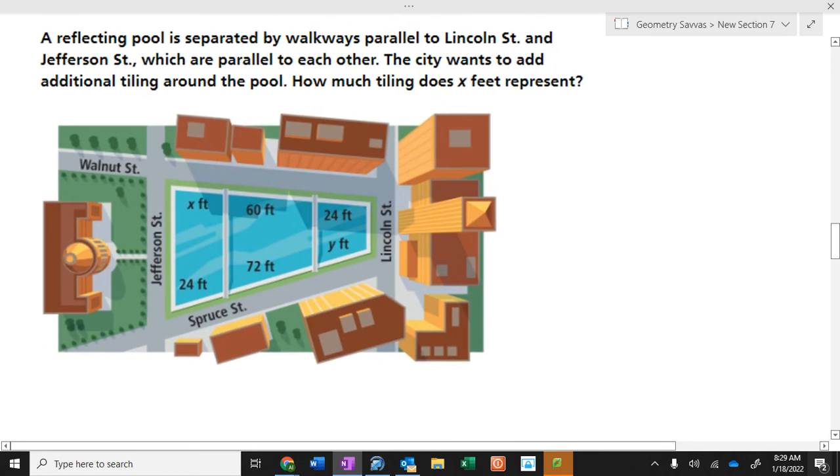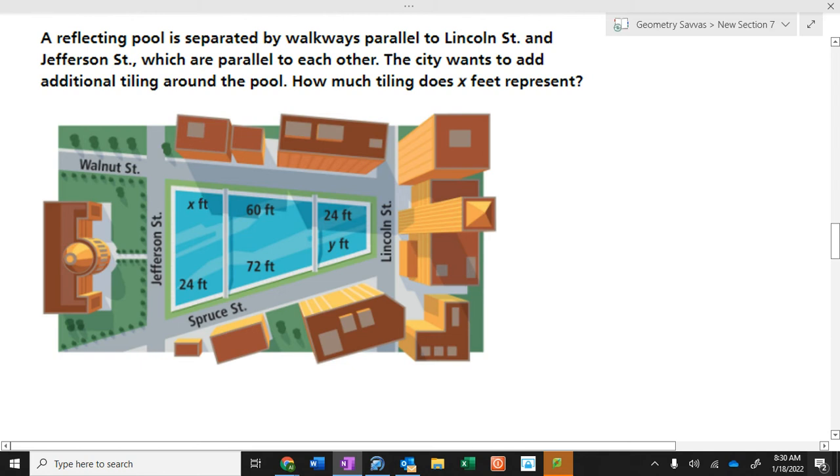So, here's an example. A reflecting pool is separated by walkways parallel to Lincoln Street and Jefferson Street, which are parallel to each other. The city wants to add additional tiling around the pool. How much tiling does x feet represent?